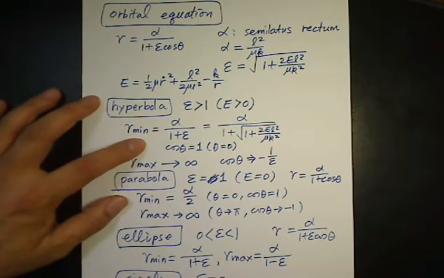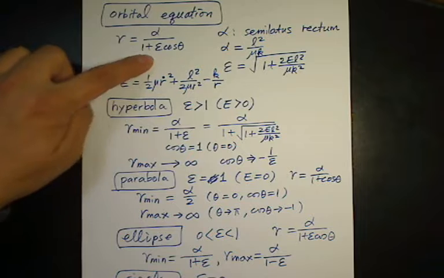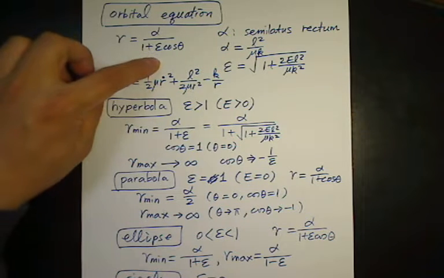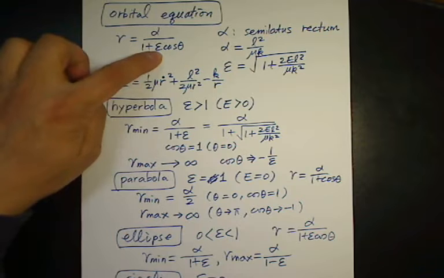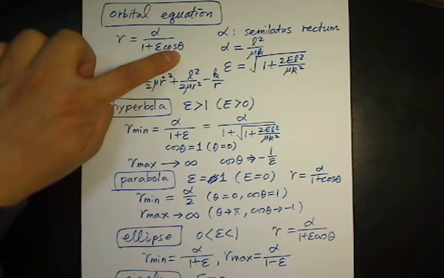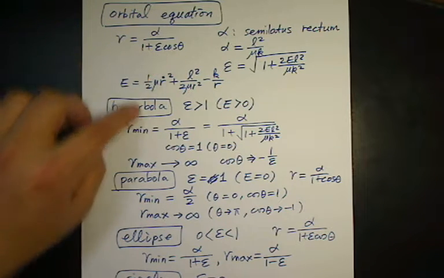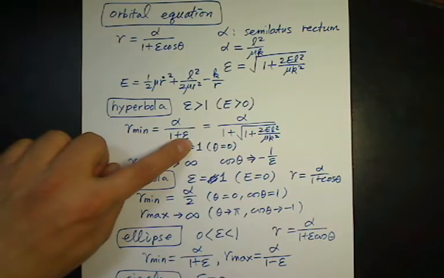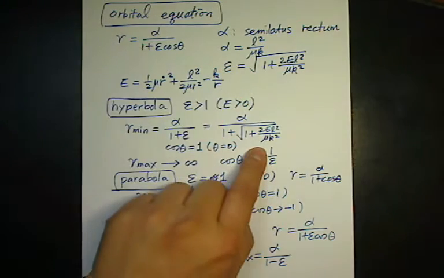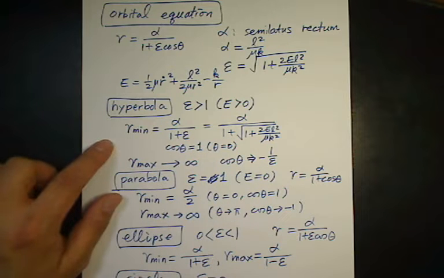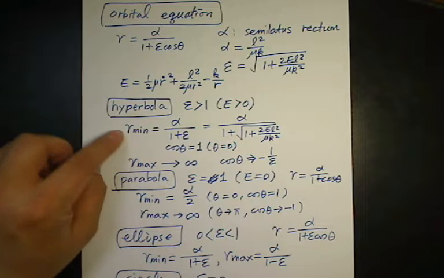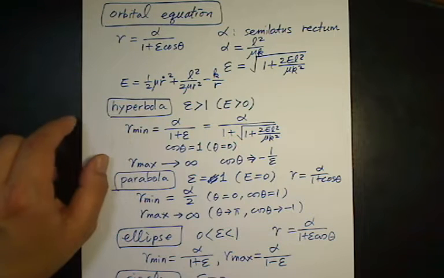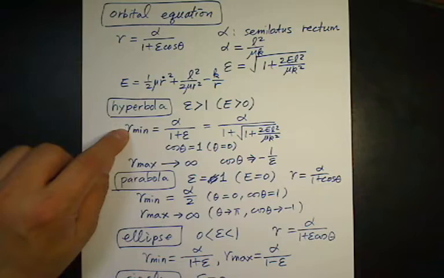In the hyperbolic case, where epsilon is positive, r minimum is reached when the denominator becomes a maximum, that is alpha over 1 plus epsilon. And this contribution appears here. So you have to integrate some component from r going to infinity to r minimum.